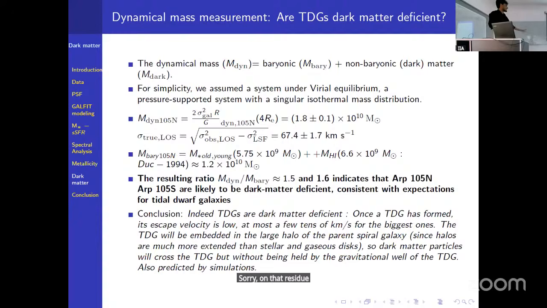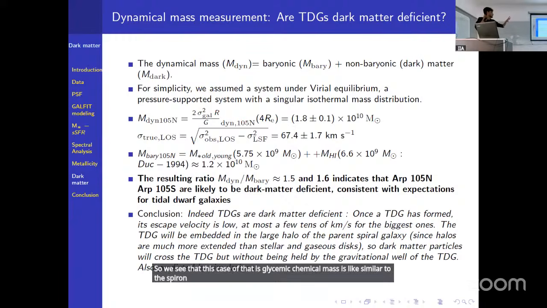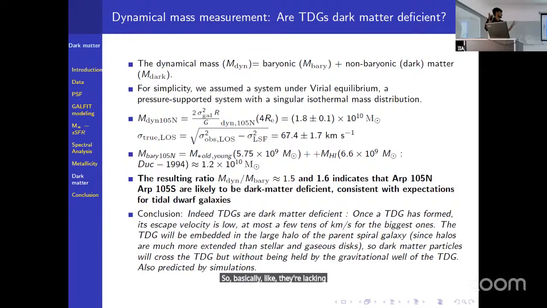So basically, this tells us that this galaxy's dynamical mass is similar to its baryonic mass. Okay, so there is not much dark matter potential there. Basically, they are lacking dark matter content in their galaxy.